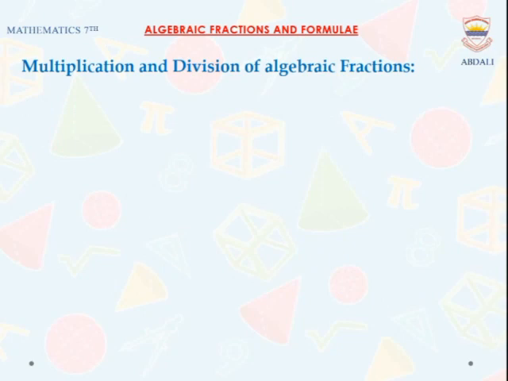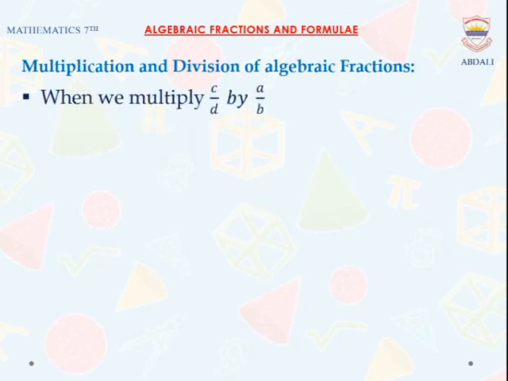Now here we are going to see how to do multiplication and division in algebraic fractions. So the rule is, let's suppose you have two fractions, like one is c by d and the other is a by b.